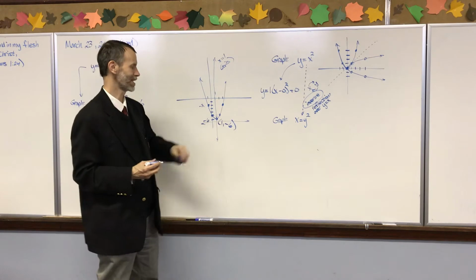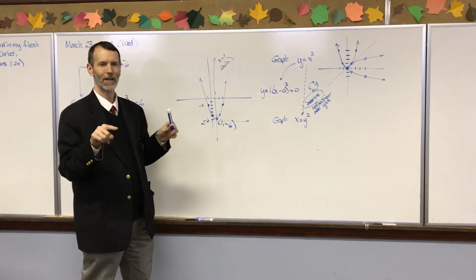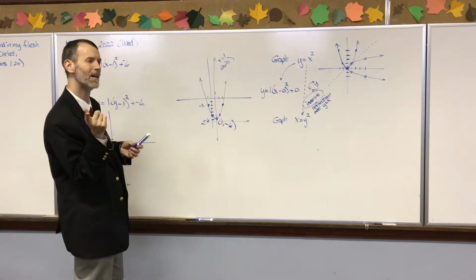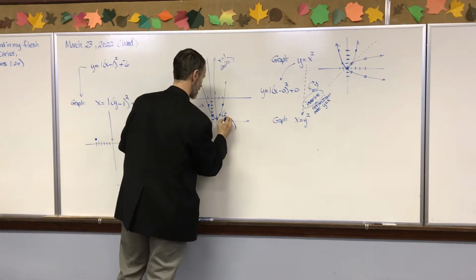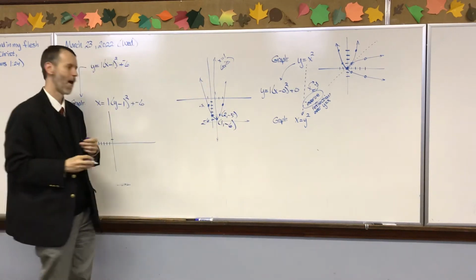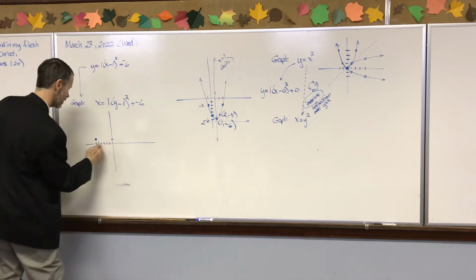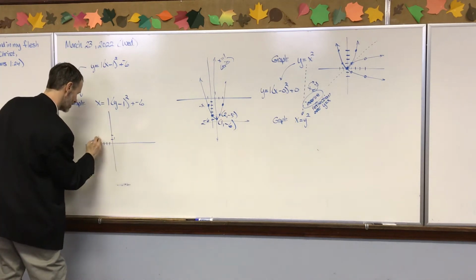The vertex is at -6 height. Over 1, up 1. Yeah, 2 comma -5. Let me write that in. What's the new point? -5 comma 2. I'm going to mark these. -5 comma 2 is here.